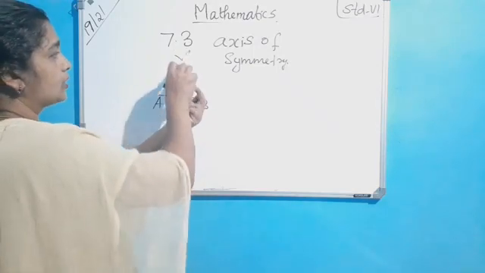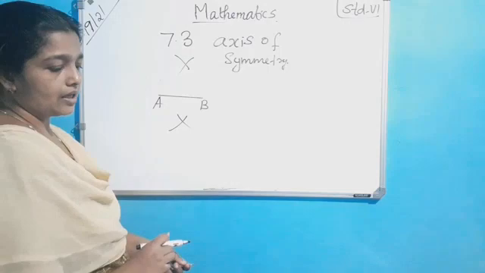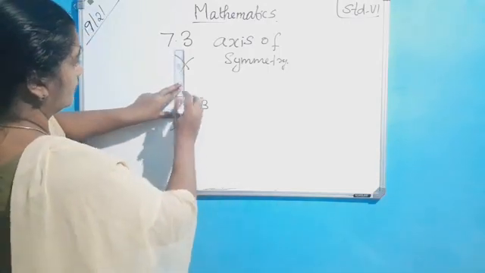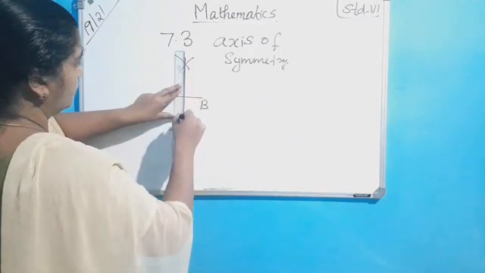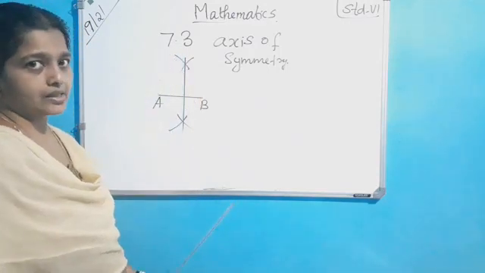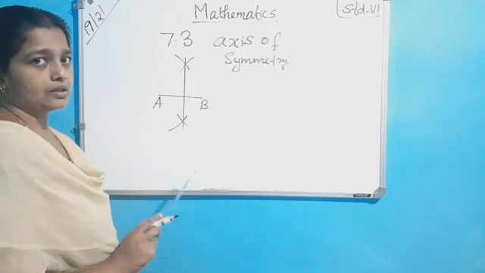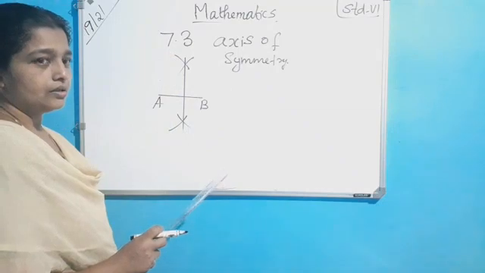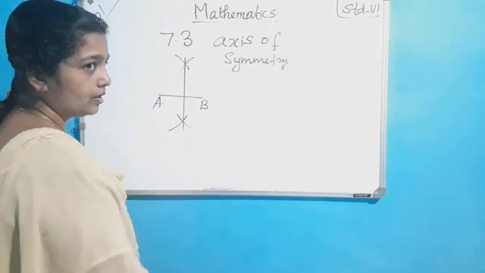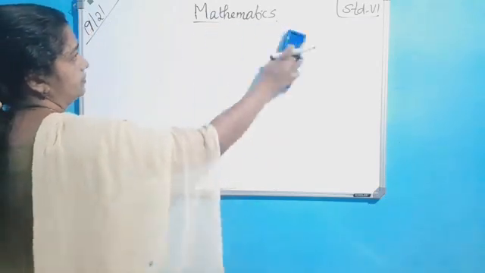Then from B also cut again. Then join. This is the perpendicular bisector or axis of symmetry. This method is the perpendicular bisector; both are the same.